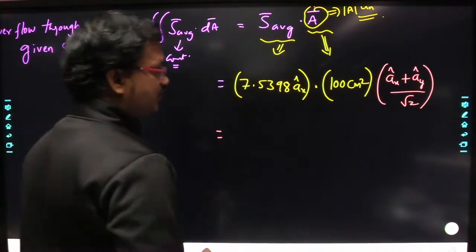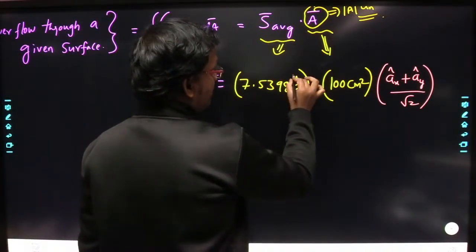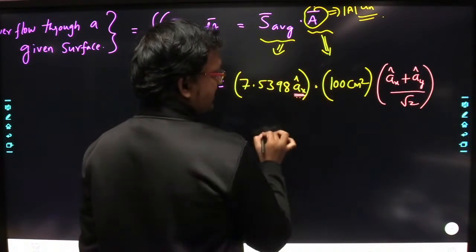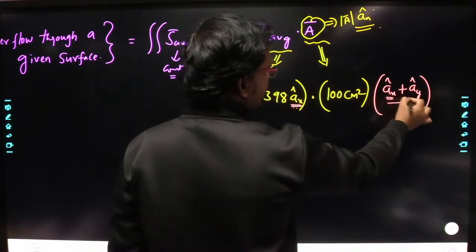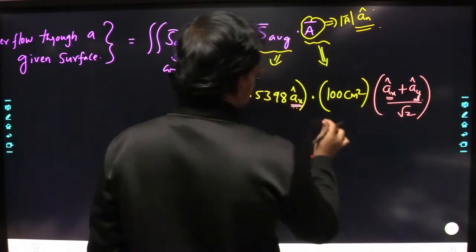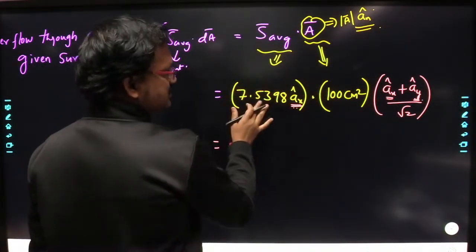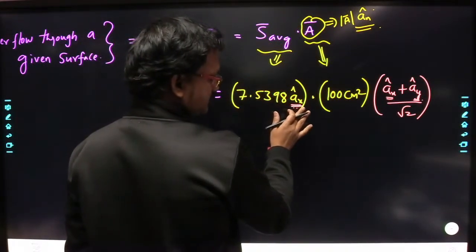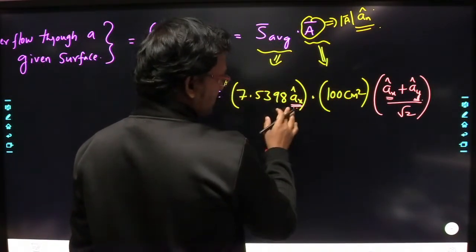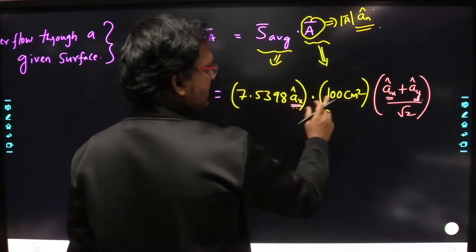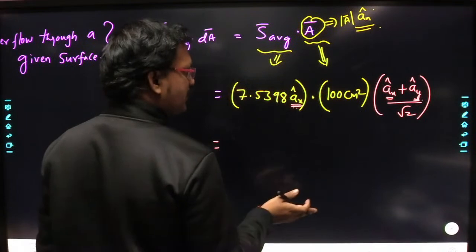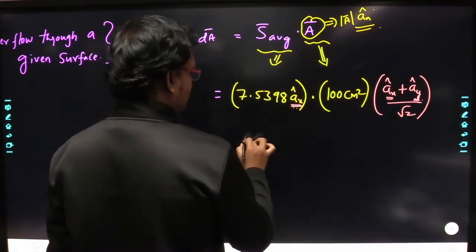Try to do this one here. See here the pointing vector is pointing in AX cap direction, and the surface area is having X component as well as Y component. So AX cap dot AX cap will become 1, and AX cap dot AY cap will become 0. Understood?